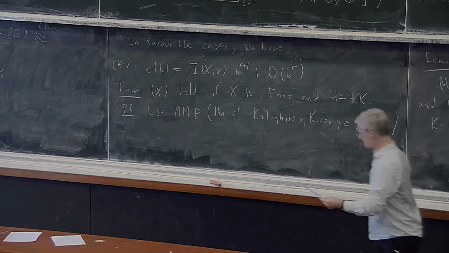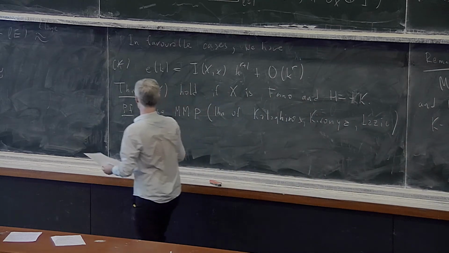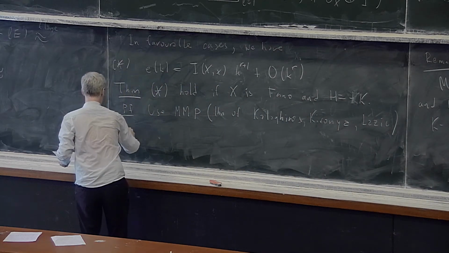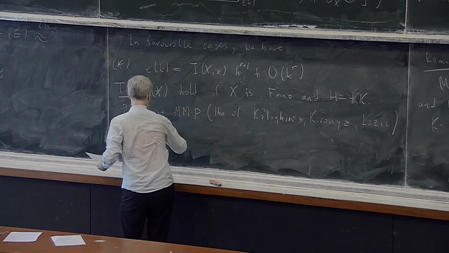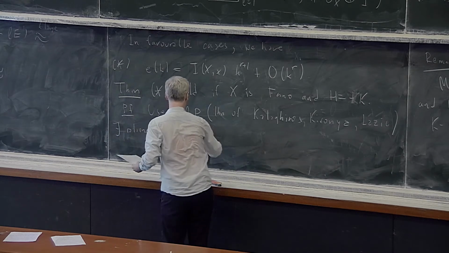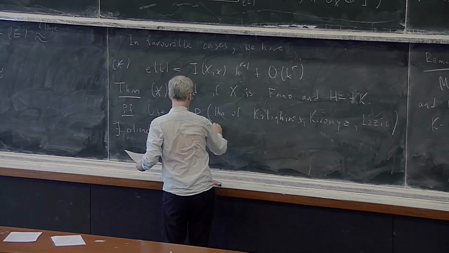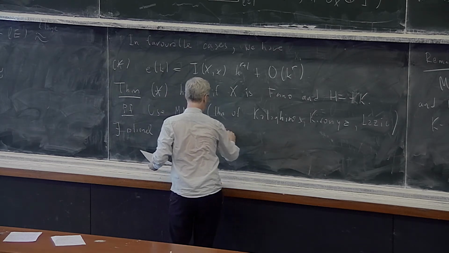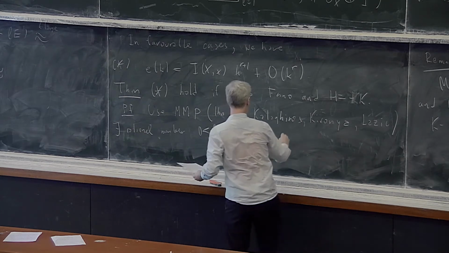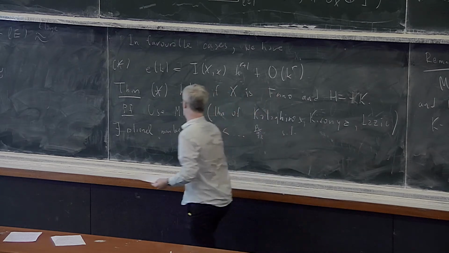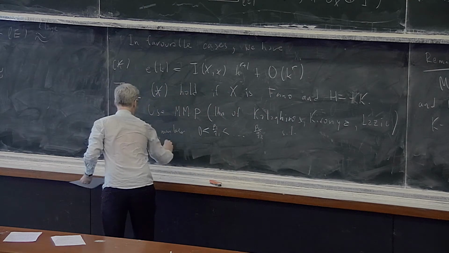So the point is the following: there exist rational numbers 0 smaller than p1/q1, etc., to pk/qk, such that this I is equal to the integral.